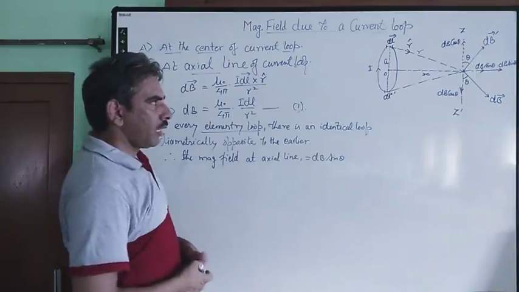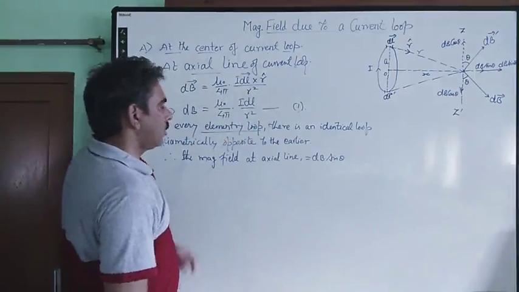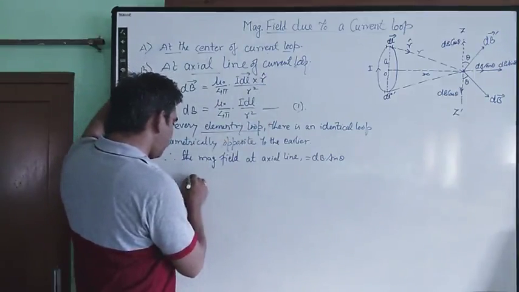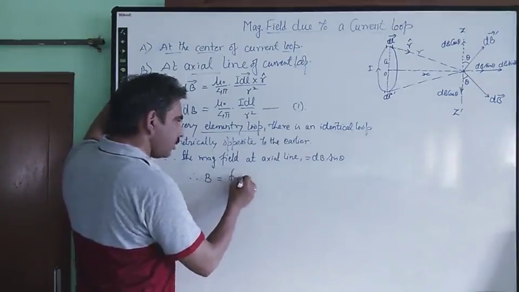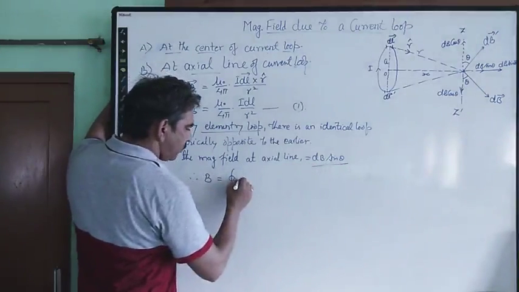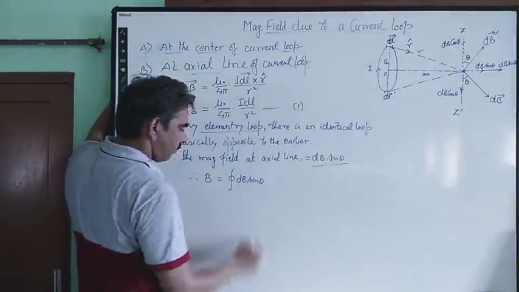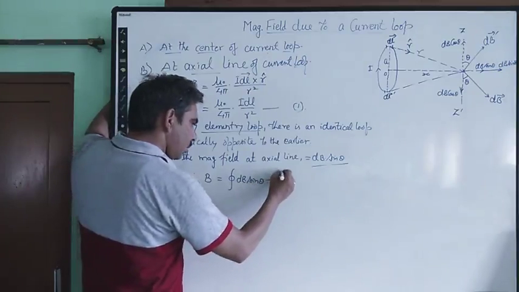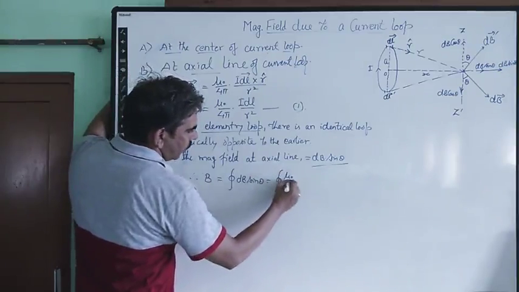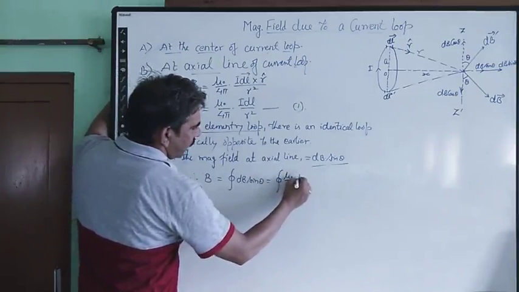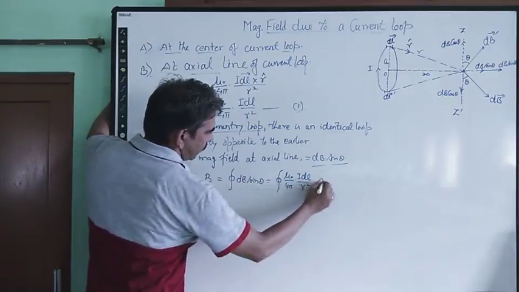Then what will be the total magnetic field at point P due to the whole loop of all such small elements? The total magnetic field is equal to the closed integral of all such magnetic fields, which is dB sin theta. This is equal to the closed integral of dB, which is mu naught upon 4 pi into I dl upon r square into sin theta.